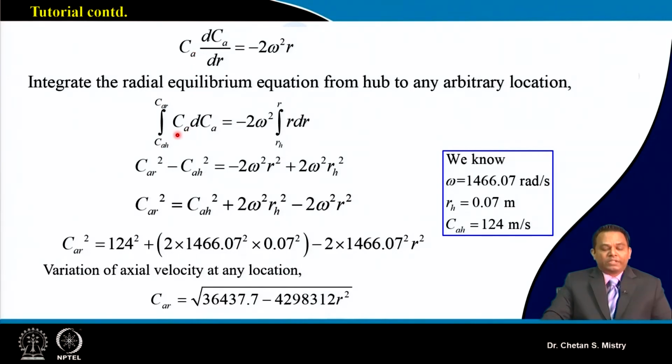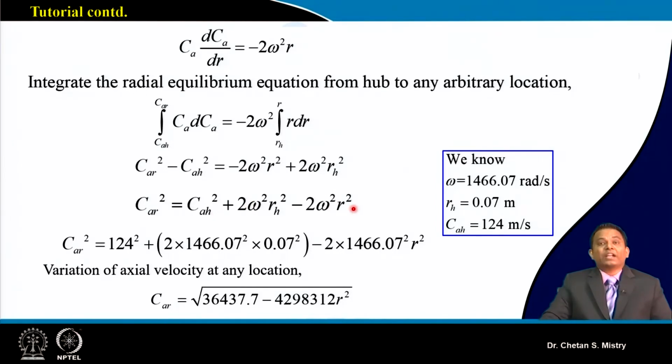So this is CA into dCA, that is equal to minus 2 omega square, with the limit I am putting, that is RH to R, into R dr. If we do the integration and put in our limits, it says my axial velocity at any radius is equal to my axial velocity at the hub plus this formulation.